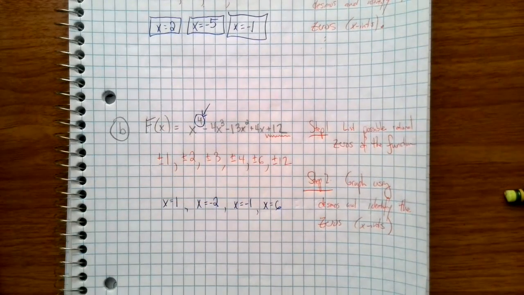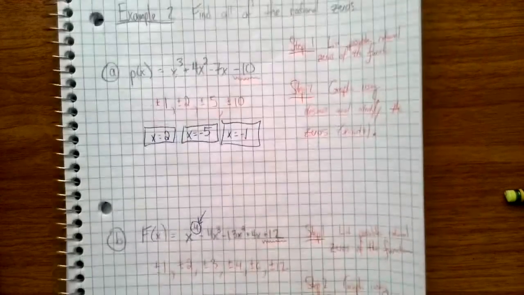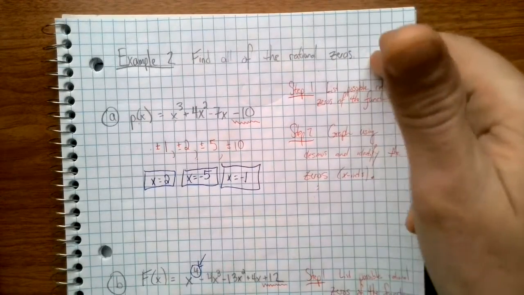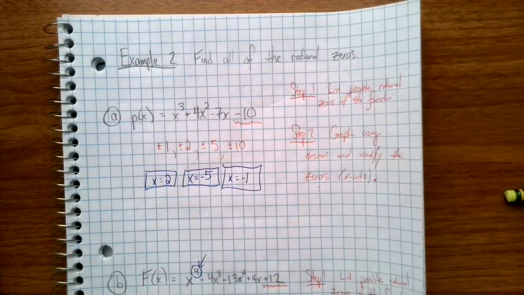That's it for now. In the next lesson, we are going to be dealing with a slightly more complex version of this question, where we're going to step away from functions that just have rational zeros and deal with functions that have rational zeros but also have complex zeros, meaning we're going to be dealing with imaginary numbers and things like that.